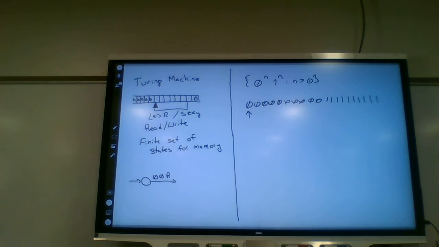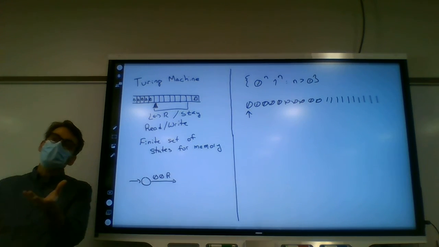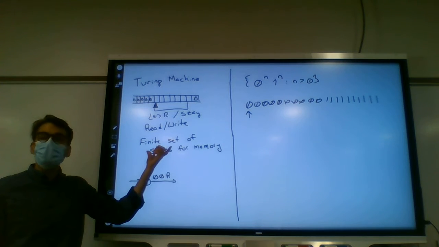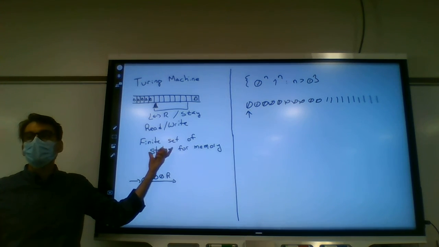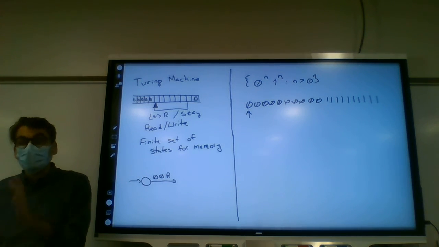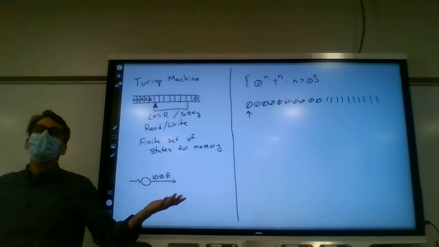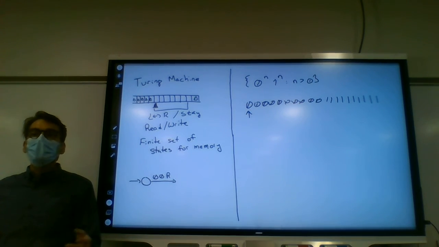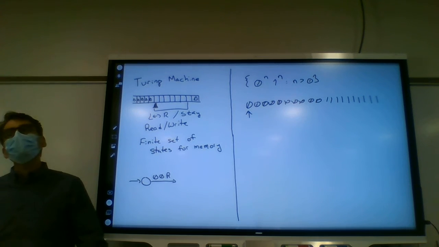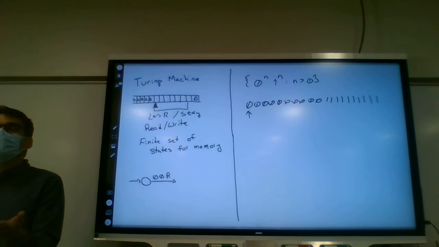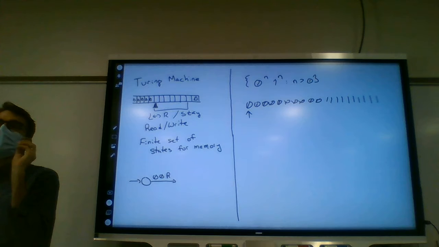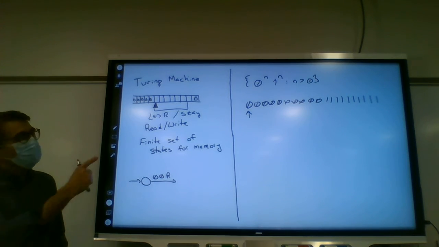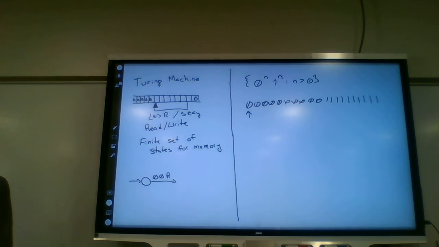You can keep track up to a fixed number, because you have a finite set of states for memory, but if your string was longer than that, you wouldn't be able to keep track. You can keep track of whether you've moved an even or odd number of times, that kind of thing. But we can't keep track of actually how many times because we don't have the extra space for that.